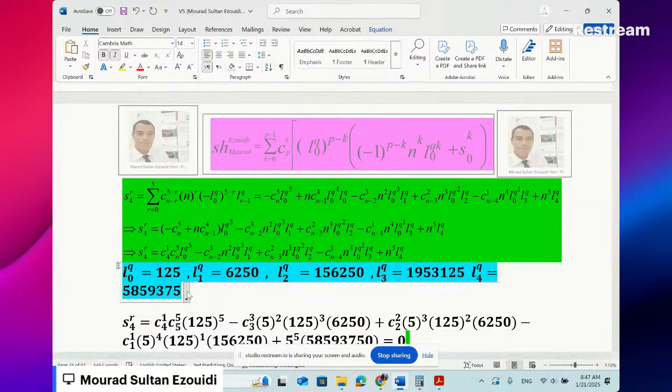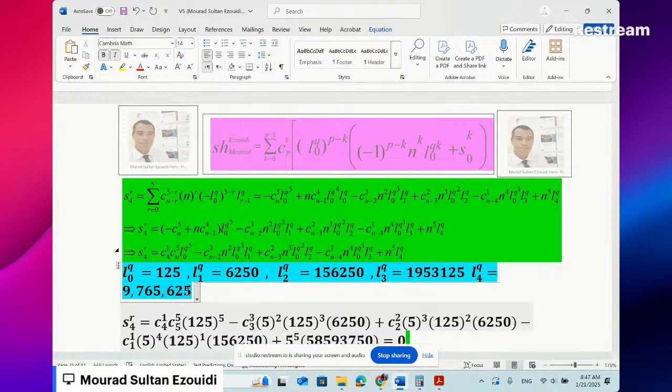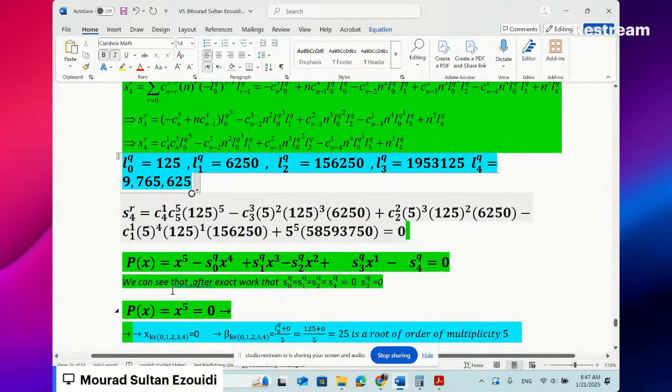Yes, you see here, we get something in this formula.